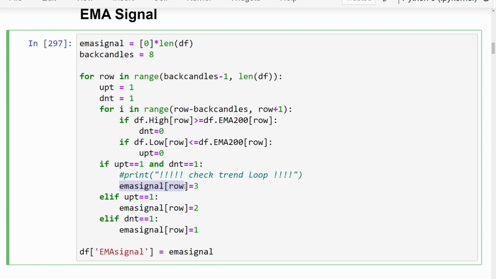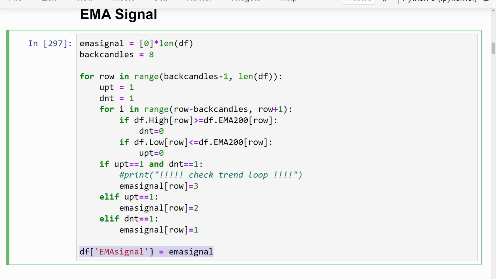And if it's equal to 3, it's something a bit tricky. It means we have an error, because you can't trade above and below the 200 EMA at the same time, especially if you have 8 back candles that you are considering here. And all of these signals are now added to our data frame in a column called EMA signal.